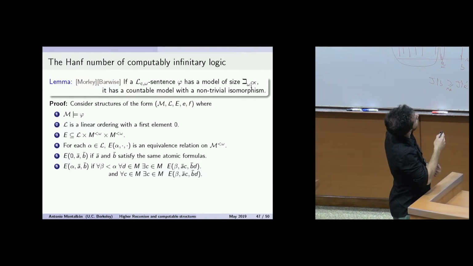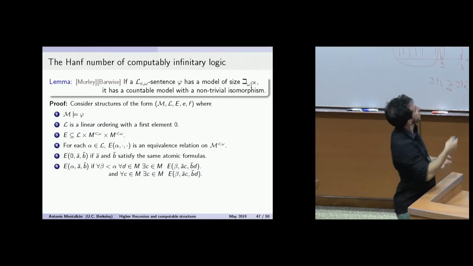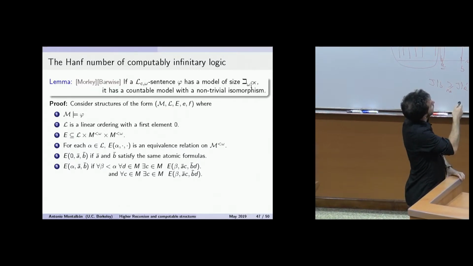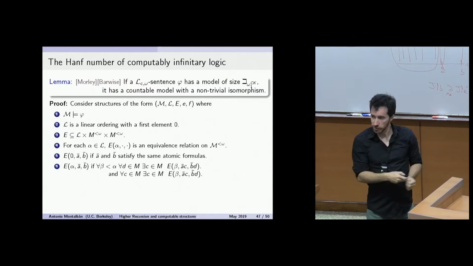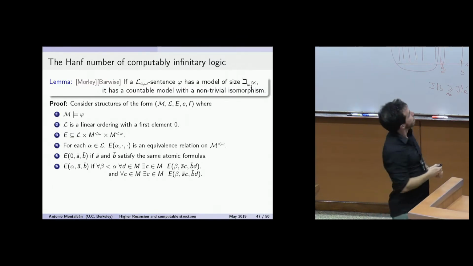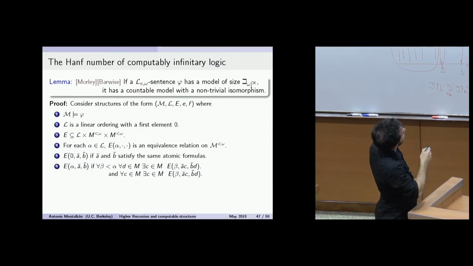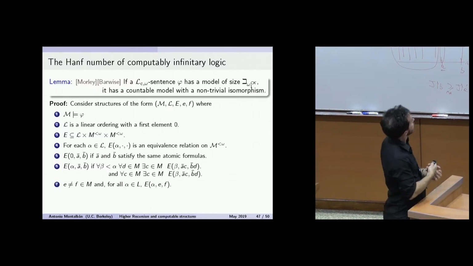It starts with just having the same atomic formulas, but then it's more. If two things satisfy this relation, they are very similar to each other. It's very hard to distinguish them, because you can extend one, you can extend the other one. If A and B were automorphic, then they satisfy this, because you can always match them back and forth.